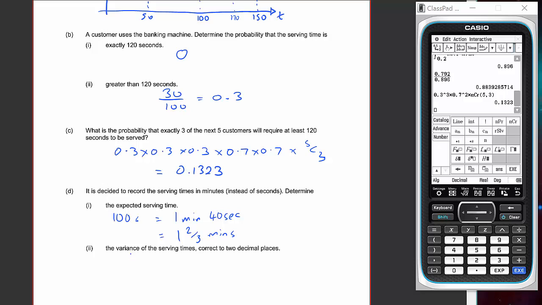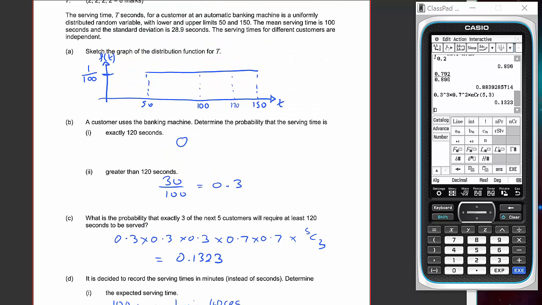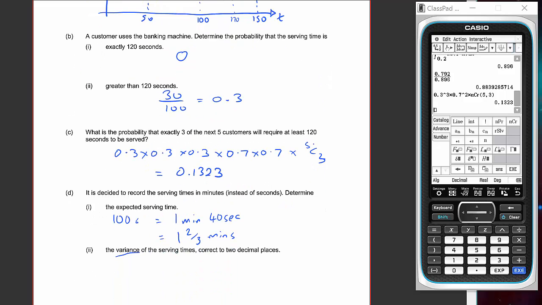Now, variance we know is standard deviation squared, but it's easier to change the standard deviation first because standard deviation is in the same units as the actual values. So in other words, the standard deviation is in seconds at the moment, and we know that that is 28.9 seconds.